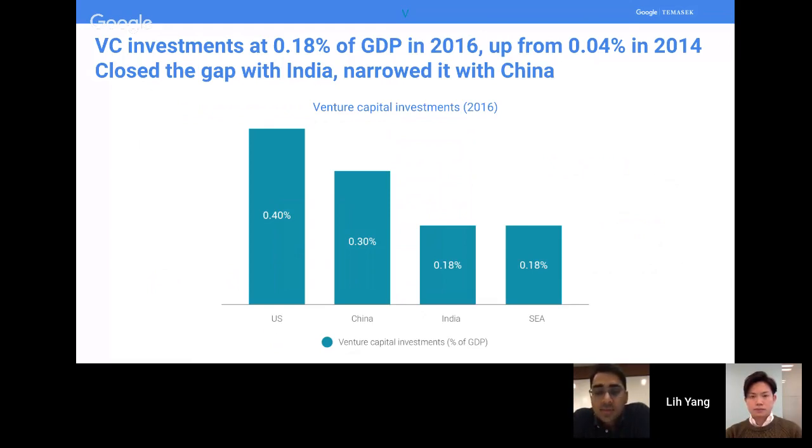Like India is one of the fastest growing economies of the world in many ways, and it has seen a lot of investor interest in the last, I would say, 5 to 7 years. So Southeast Asia is now at par with India, which is a very encouraging sign, and we really hope that this continues to be on an upward trajectory to match some of the bigger venture capital markets. But this is very exciting and positive growth.